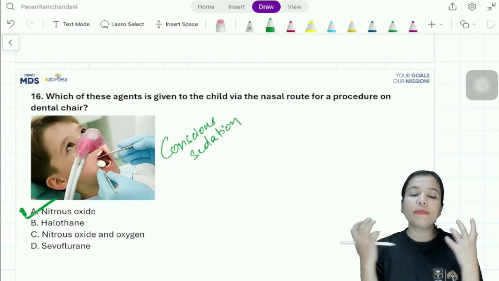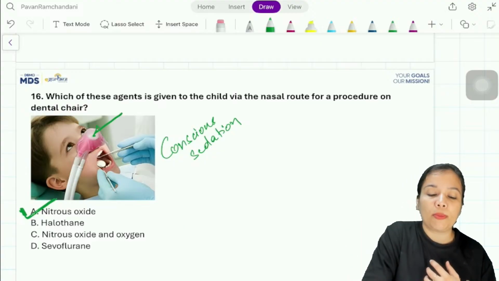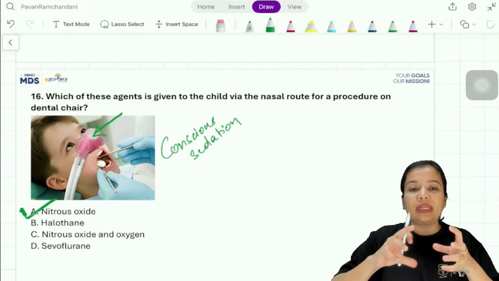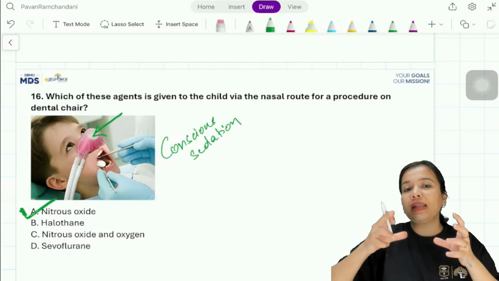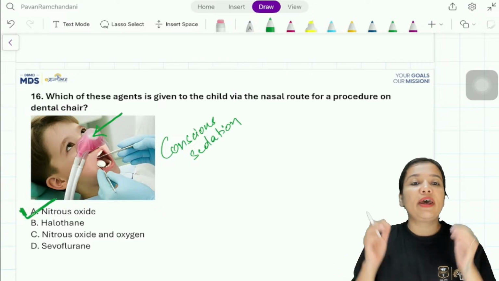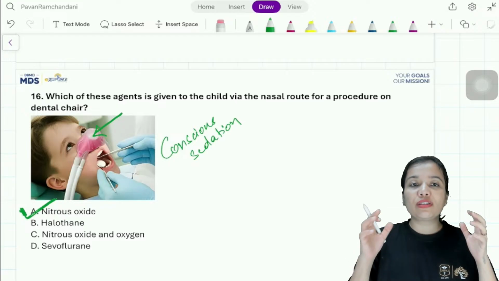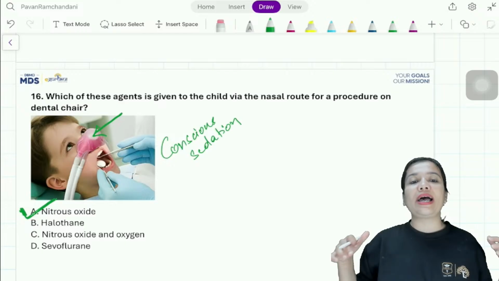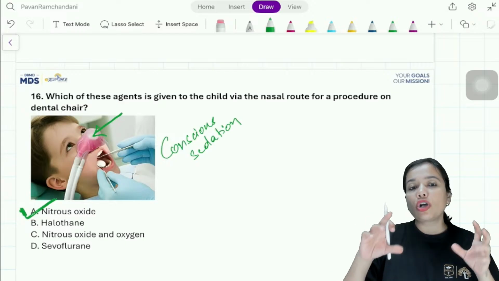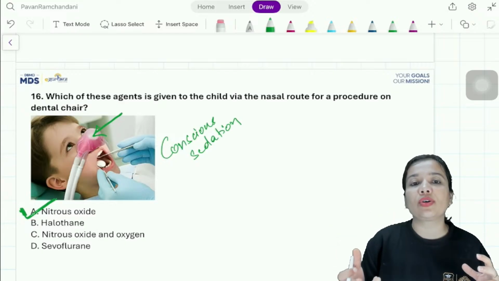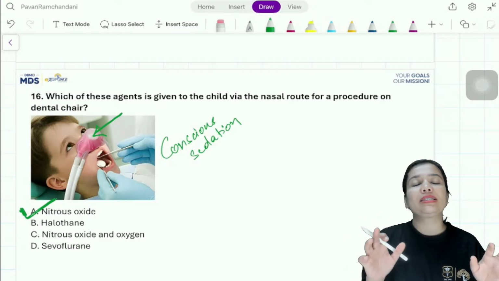So you flush 100% oxygen first via this particular mask, and then you keep titrating, keep increasing 10% of nitrous oxide wherever you feel that the child is feeling euphoric, the child is relaxed, there is anxiolysis. You stop increasing the percentage of nitrous oxide, and the child very happily gets the treatment done.